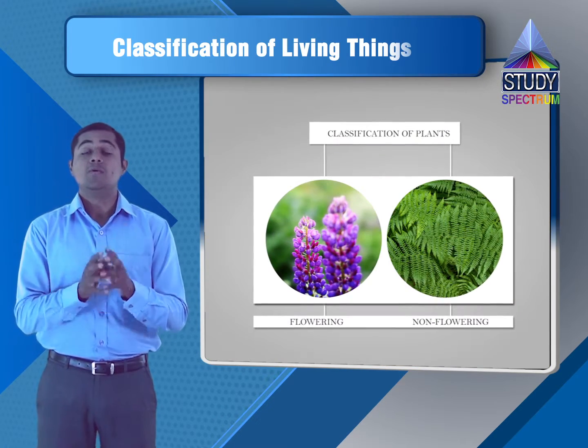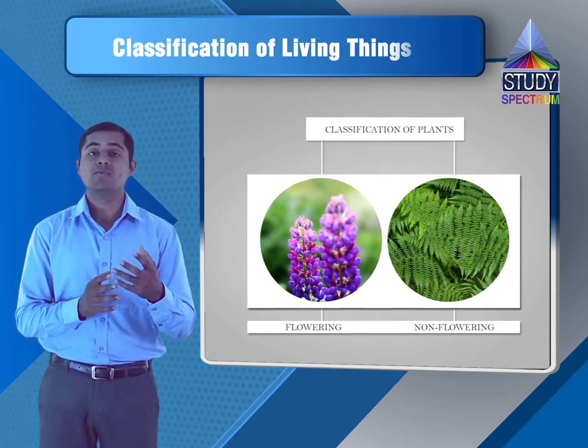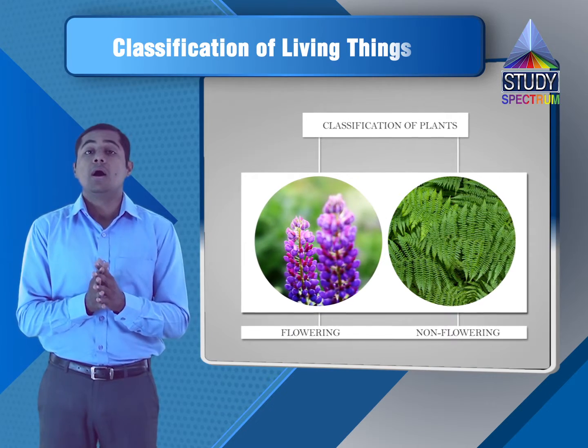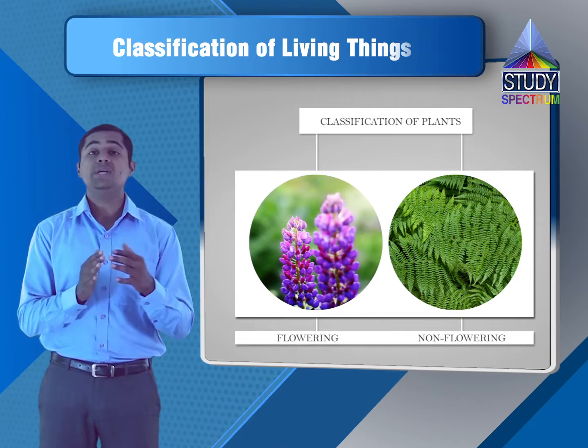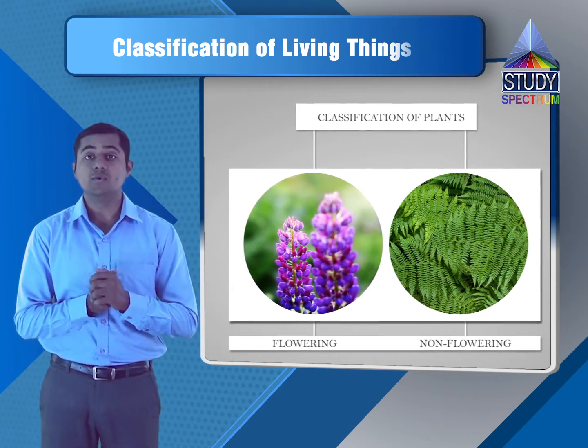So friends, for classification of the plants, we have seen 3 different criteria. First, whether they bear flowers or not. Second, how much is their height and the stem type, and third, for how many years they live and how many times they can have flowers and fruits.